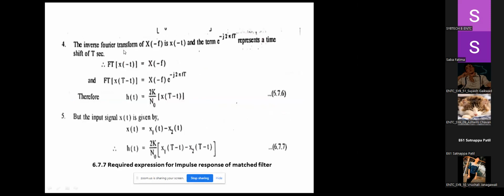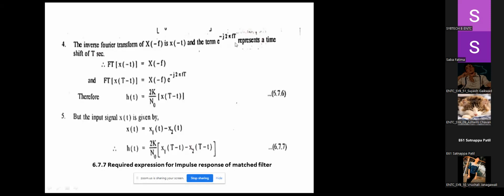Okay, then when you take the inverse Fourier transform, what do you obtain? The X(-f) becomes x(-t), and the term e raised to minus j 2 pi fT is going to represent a time shift of T seconds. Okay, so simply you will write the Fourier transform of x(-t) is equal to X(-f), and what will happen?